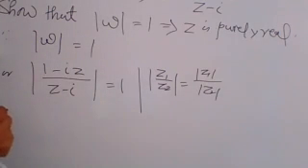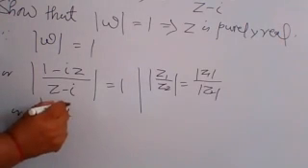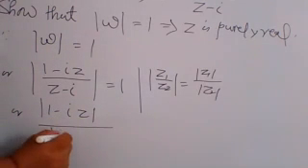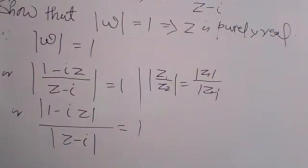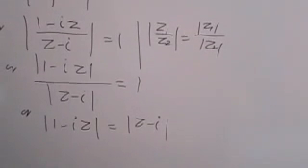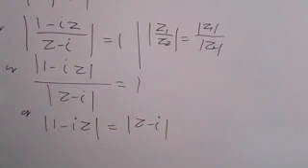Applying it, you have mod of 1 minus iz upon mod of z minus i equal to 1. Understand? Also you can write it as mod of 1 minus iz is equal to mod of z minus i. Now putting the value of z. Here you are given z is equal to x plus iy, so you put it in this equation.